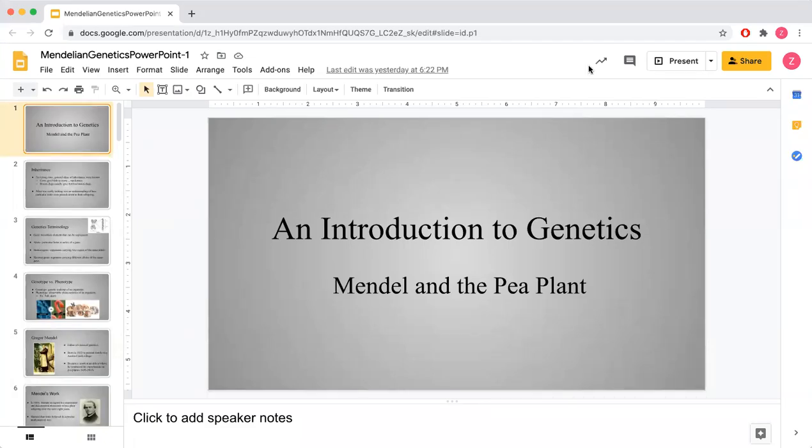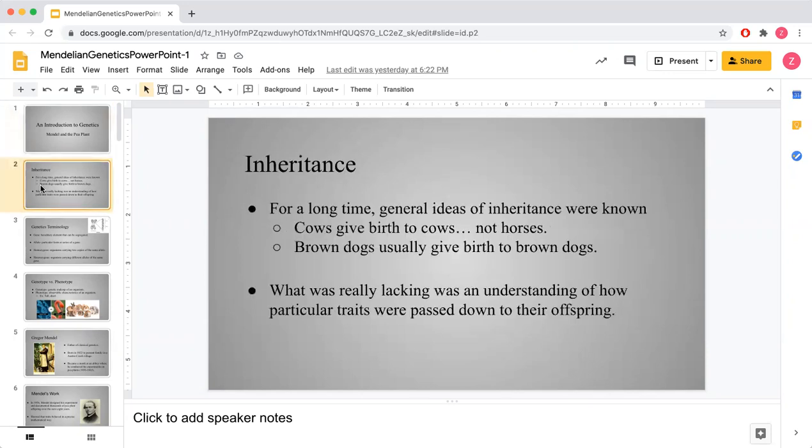Today, we're going to be continuing on our introduction to genetics, where we talk about Mendel and his pea plant experiments. Maybe many of you have already heard about these experiments in a previous science class. But what is really covered is inheritance. Before Mendel, inheritance was understood at a basic level.